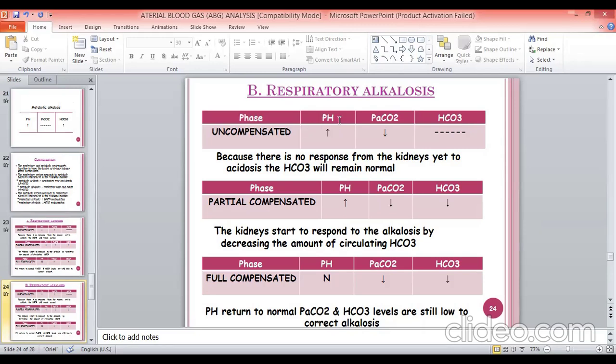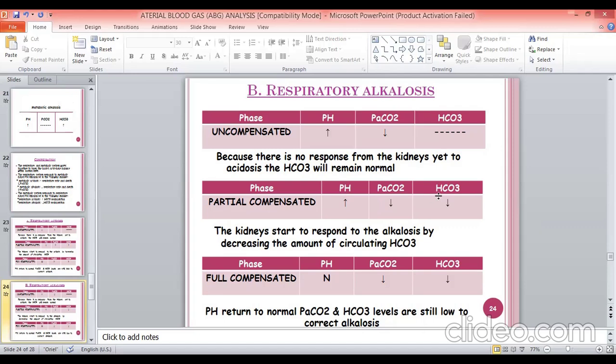Once the compensation starts, what happens? Before the compensation mechanism starts, because there is no response from the kidneys, the bicarbonate will remain normal. Once compensation has started, pH is still increased and partial pressure of carbon dioxide is still decreased, so the bicarbonate level is going to decrease.